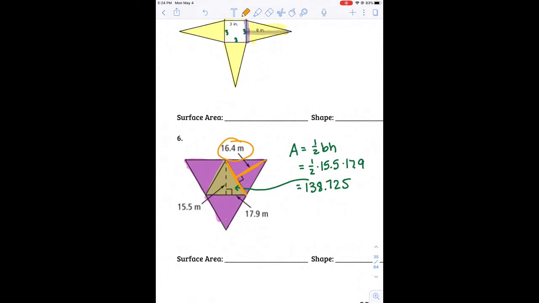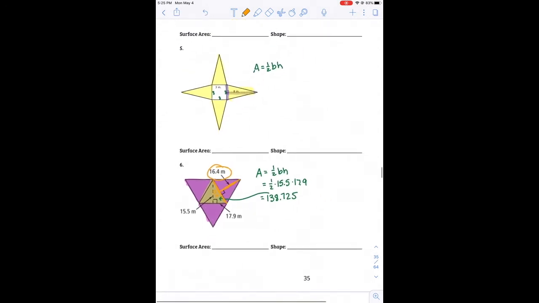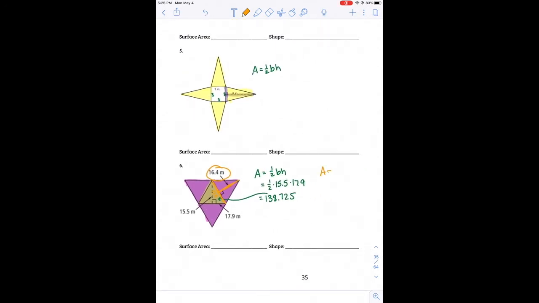I think it's going to be 17.9 because that's the other outside of the triangle. So for that one, I have to do area equals 1/2 times base times height. That's going to be area equals 1/2 times 16.4 times 17.9. Can you type that into your calculator and get an answer? You could pause the video.